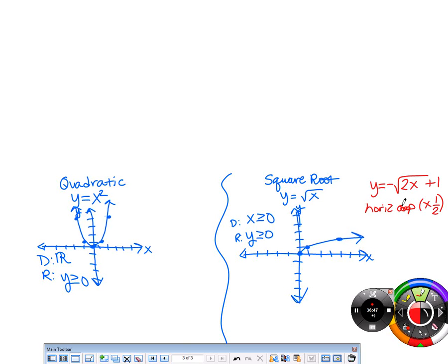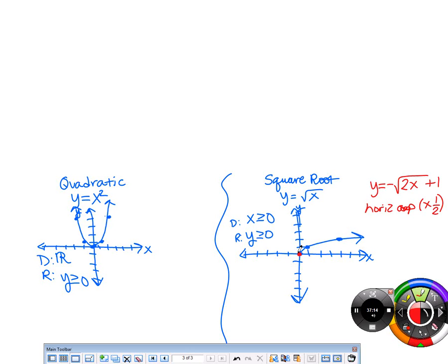So that means if I wanted to do a horizontal compression in this graph, the vertex point stays. All the horizontal distances from the points are going to get compressed towards the vertex point. Like this point right here. How far is it from the vertex point only horizontally? 1 over, right? What's 1 times 1/2? 1/2.